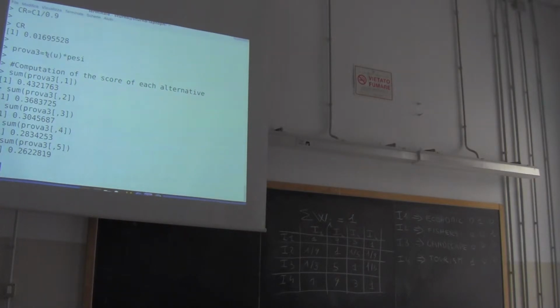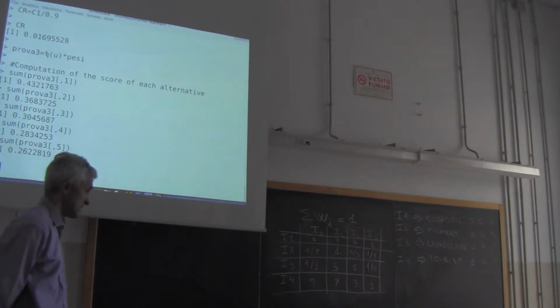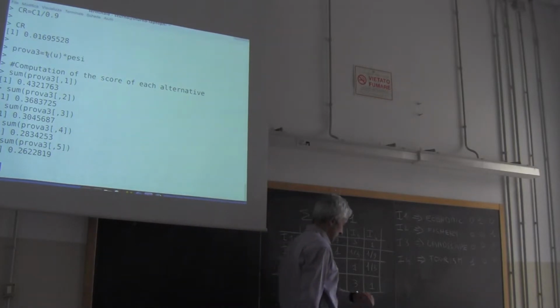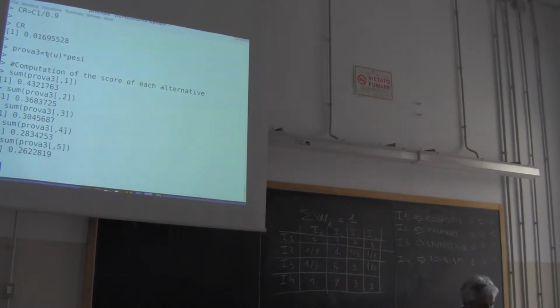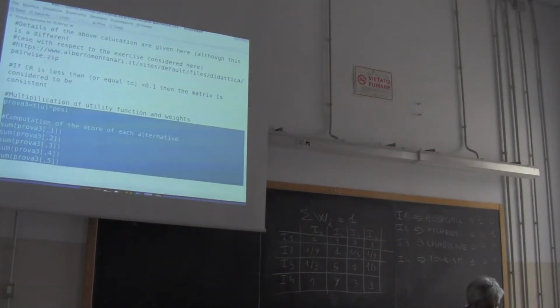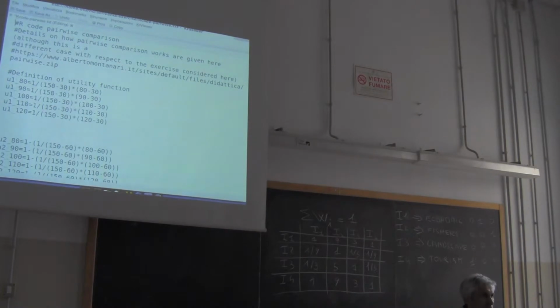Good. Now let's try to perturb the matrix. First of all, keep in mind that this code can be run by just making a cut and paste of the whole file.